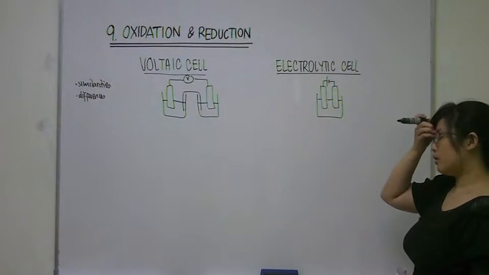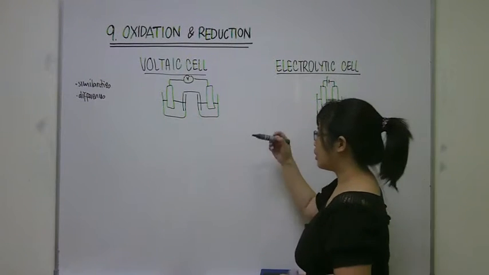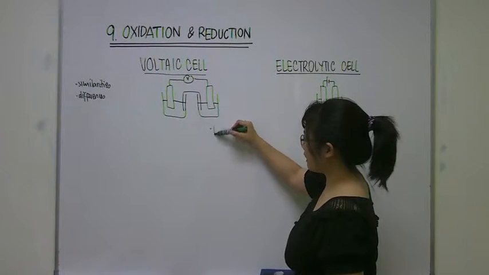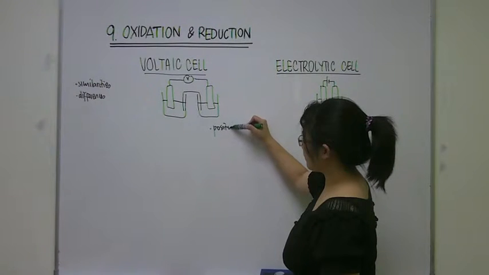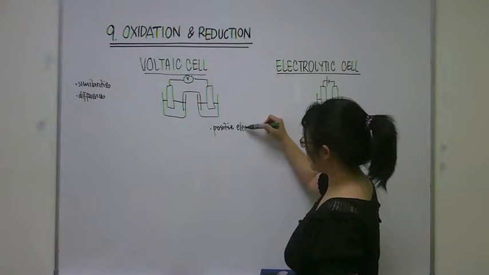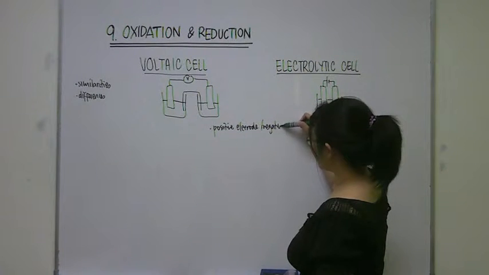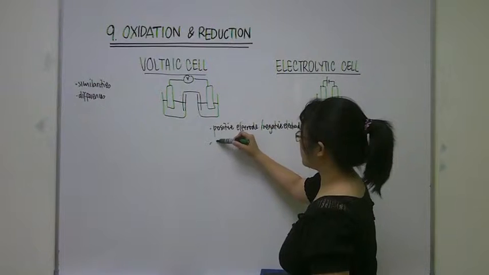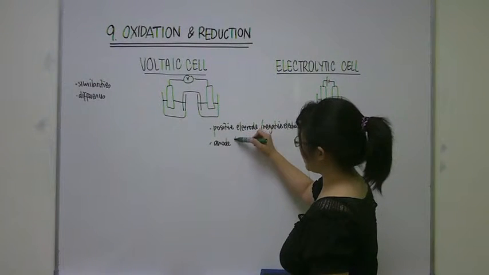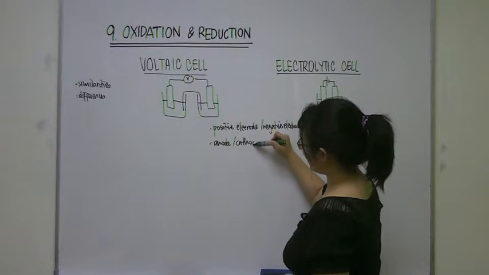Your students need to be able to identify which one is the positive electrode or negative electrode in each. They need to be able to decide which one is the anode and which one is the cathode.